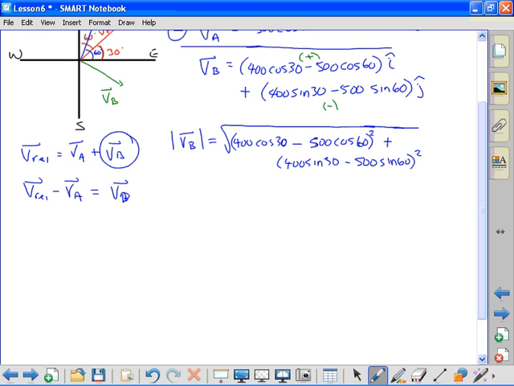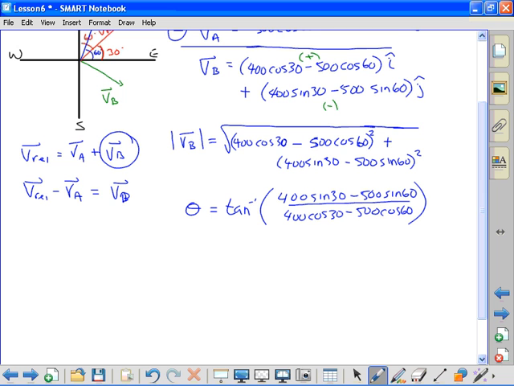So we've defined our velocity. For the angle, tan inverse of the y component, 400 sine 30 minus 500 sine 60, over 400 cos 30 minus 500 cos 60.